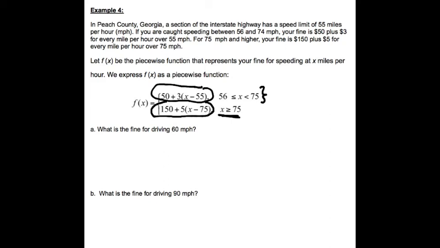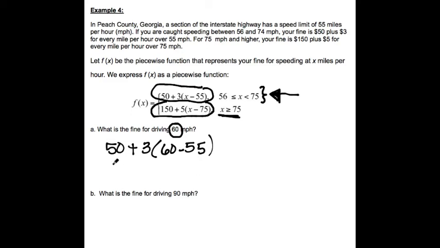Part A says, what is the fine for driving 60 miles per hour? Notice that 60 miles per hour is going to fall in this first range, all right, between 56 and 75. That means we're going to take this 60 and plug it in for x in this first value. So 50 plus 3 times (x minus 55), so 60 minus 55.